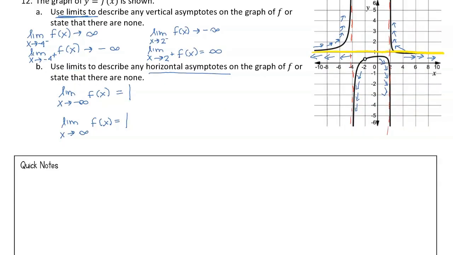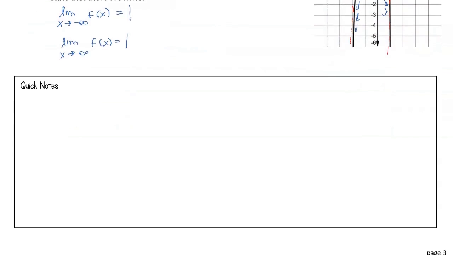All right, let's define a vertical asymptote. That is going to be for a line x equals a. It's a vertical asymptote if any of the following are true.